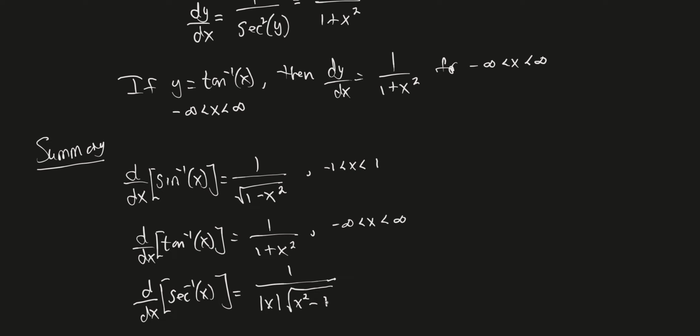This one, if you notice, the expression under the radical is switched. For arcsine it's 1 minus x squared under the square root, whereas for arcsecant it's x squared minus 1. What that means is your x would have to be outside of this interval.